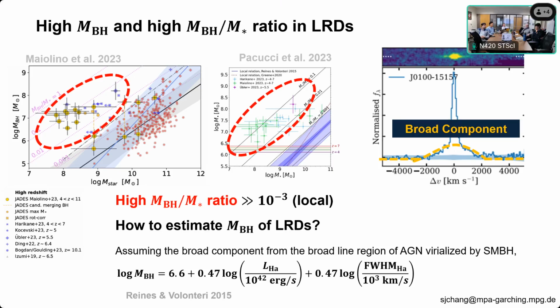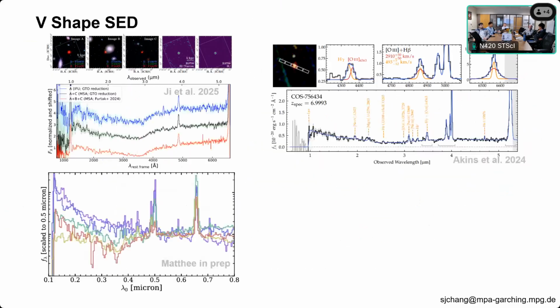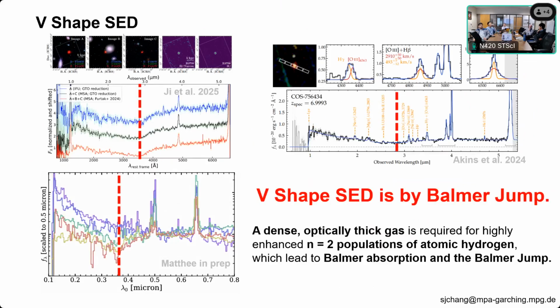So one more question. This is going back to the early review part of your talk, where you talked about the V shape and you mentioned the inverted Balmer breaks. Are there any that show an actual Balmer jump, or is it really just the V shape?